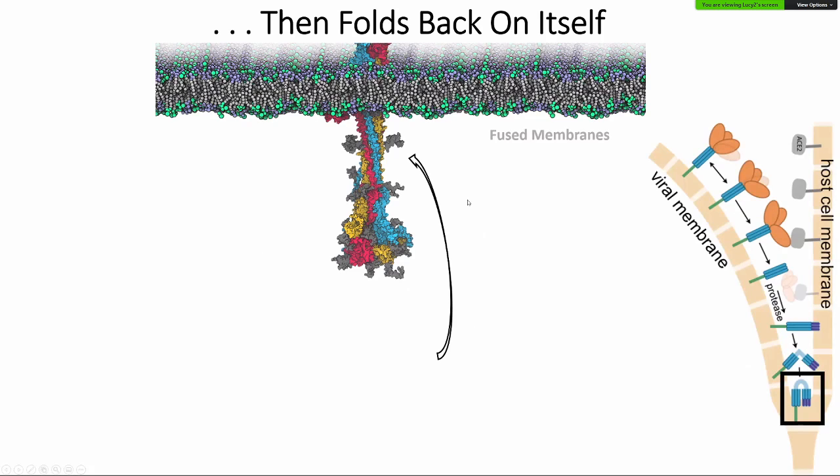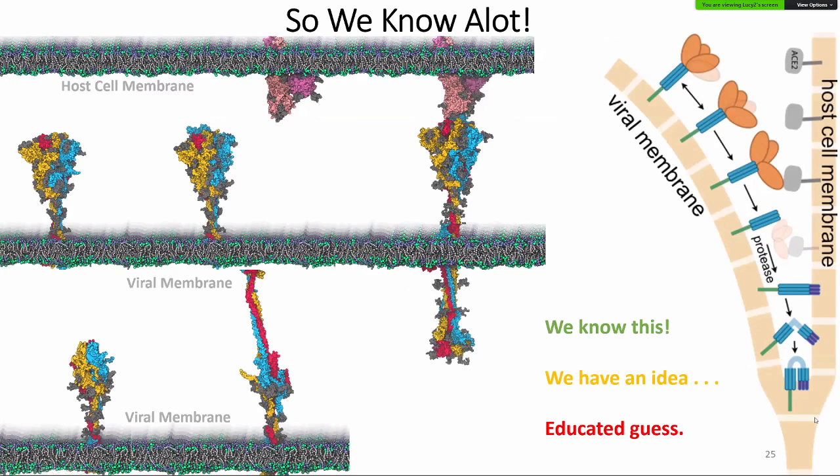And this structure right here is the one I showed you earlier, right? It's one of the two that we know pretty well from experiments. So we know a good deal. The parts in green are things that we know from experiment, 1, 2, and 6, essentially. We know those for sure. We have good experimental structures.